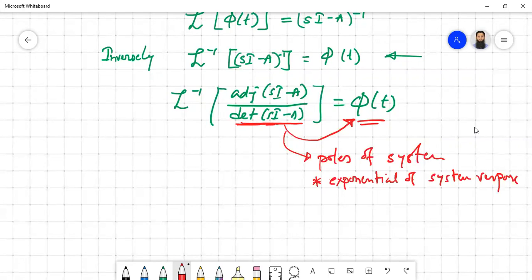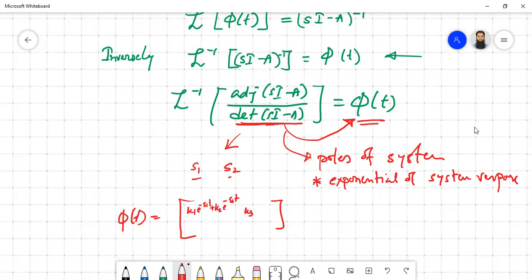If you have a second-order phi(t), say you have two poles at s1 and s2, and you have a state matrix like this, phi(t). All four of its elements will have a combination of these two: K1 e to the power minus s1 t plus K2 e to the power minus s2 t.